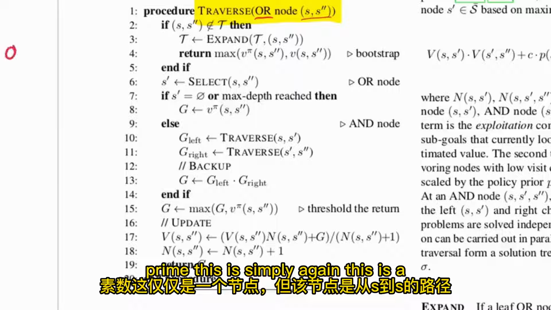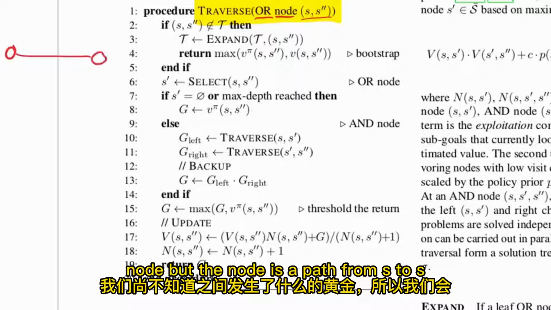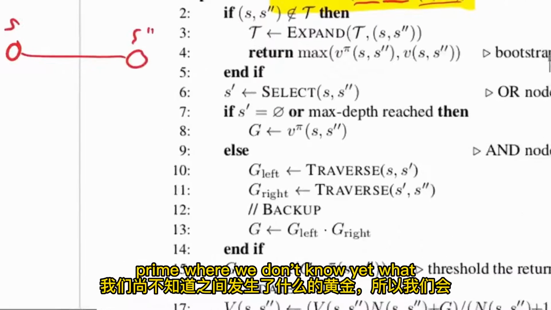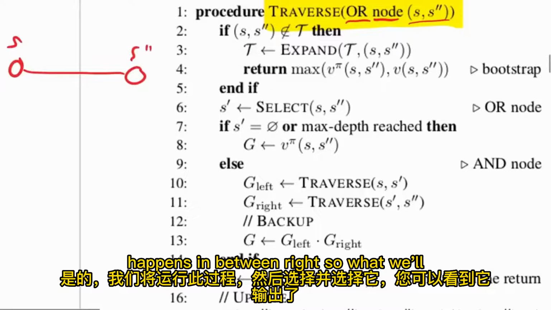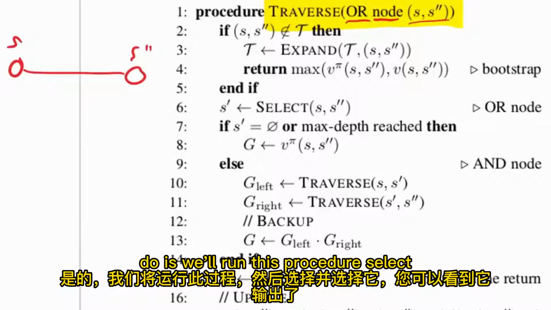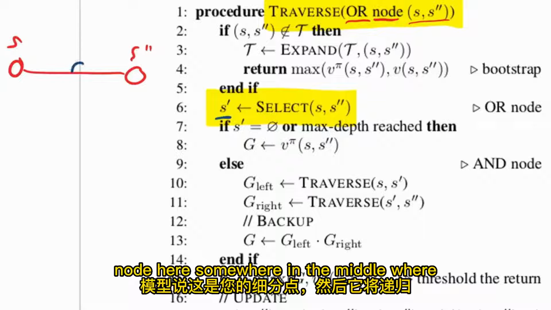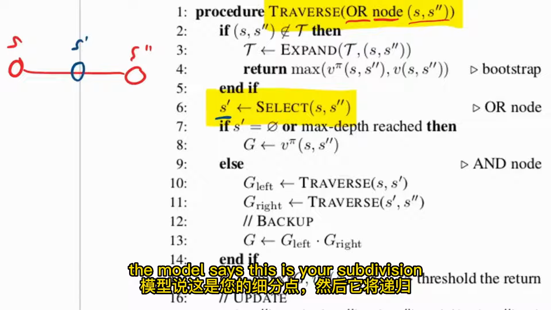This is simply, again, a node, but the node is a path from S to S prime, where we don't know yet what happens in between, right? So what we'll do is we'll run this procedure here, select. And select, you can see it outputs an S prime. And the S prime is going to be a node here somewhere in the middle, where the model says this is your subdivision point.